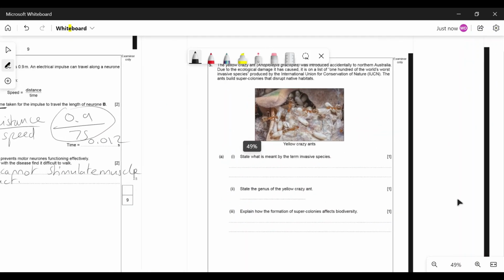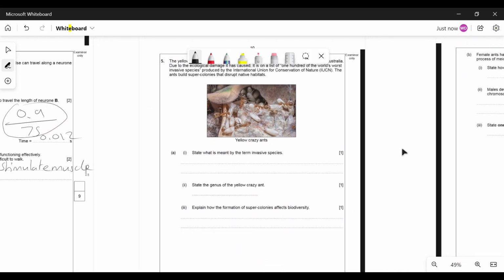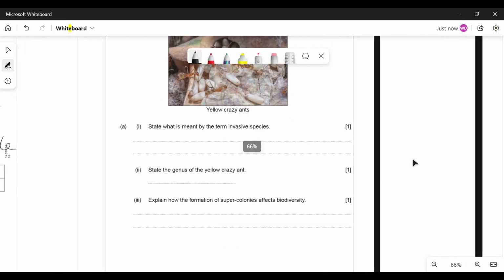Well, it says question 5, I've lost count. State what is meant by the term invasive species. A lot of people have just put what an alien species is, but not what an invasive species is.